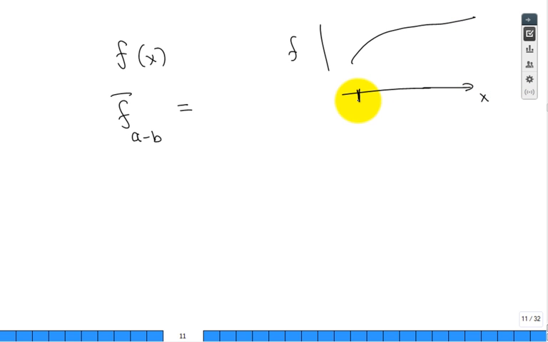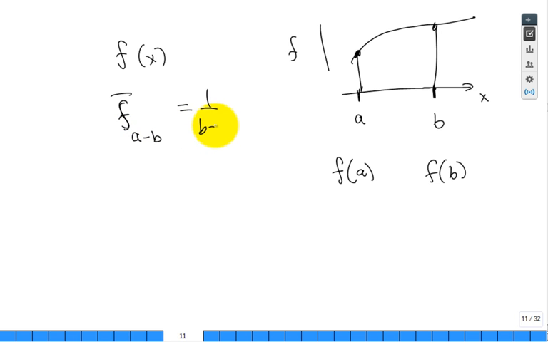And they say, now I want you to go out to a, and go out to b, and I want you not only to evaluate f at a, that would be this magnitude right there, or f at b, that magnitude right there, but I want you to give me the average function over the range a to b. Well, wouldn't that be 1 over b minus a? Isn't that the length? Times the integral from x equal to a to x equal to b of f of x dx.